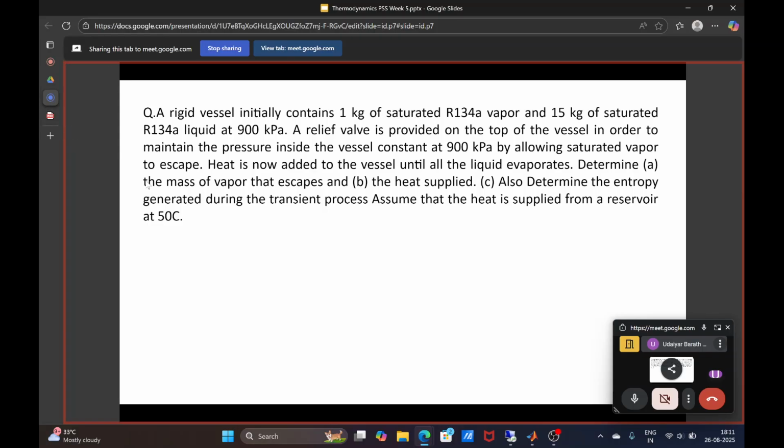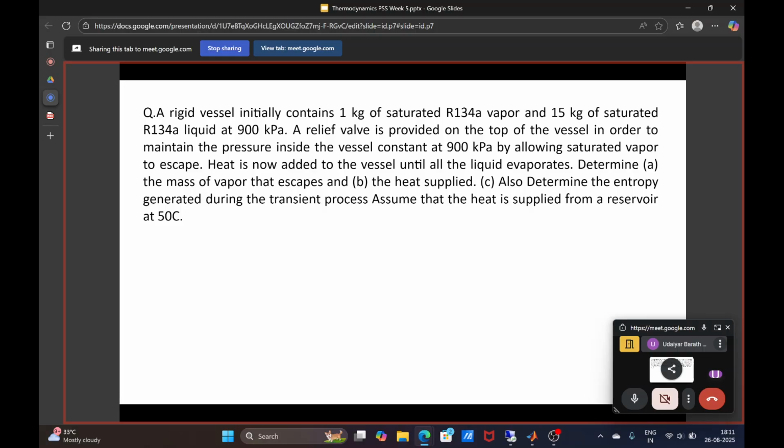So moving on to the next question. We have a rigid vessel, initially containing 1 kg of saturated R134A vapor and 15 kgs of saturated R134A liquid at 900 kilopascal. A relief valve is provided on the top of the vessel in order to maintain the pressure inside the vessel constant at 900 kilopascal by allowing saturated vapor to escape.